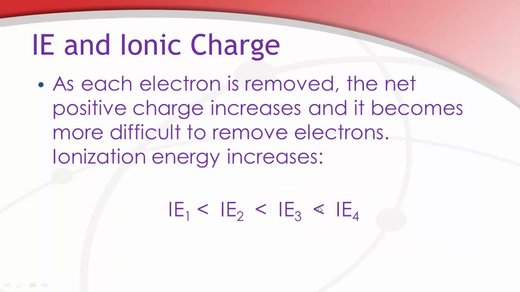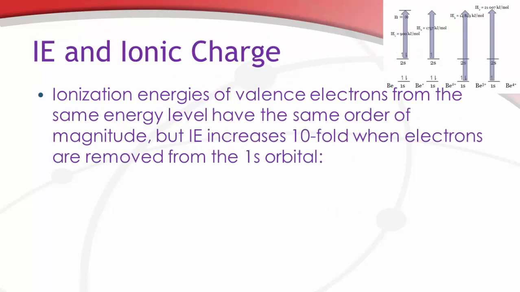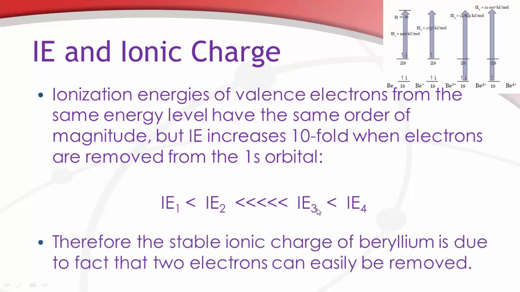We're not altogether surprised to see that the ionization energy increases as we keep going, because with each electron that's gone, the net positive charge increases and it becomes more difficult to remove those electrons. Not a great shock. But when it comes to beryllium, there's a tenfold increase when we go from the second to the third electron. So that's a pretty interesting result.